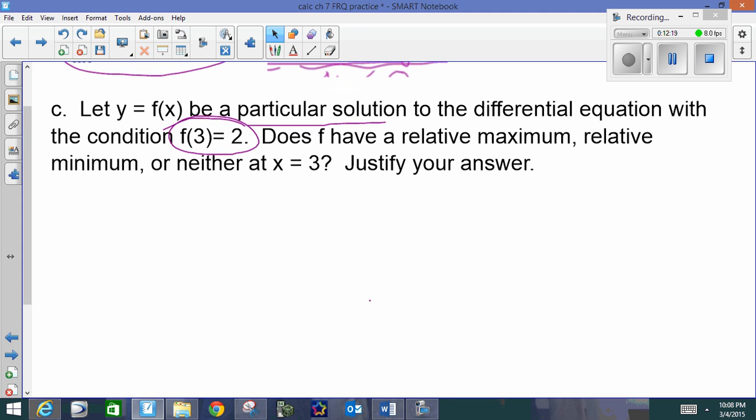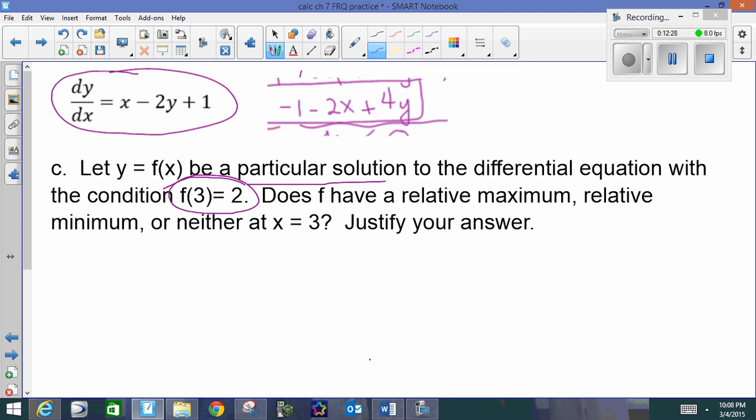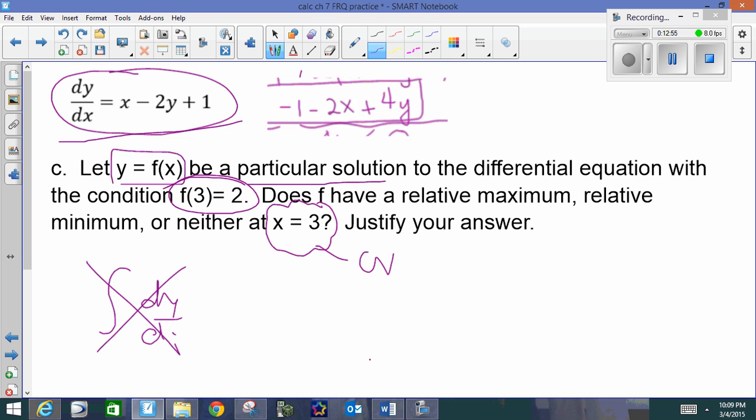And remember we had a first derivative test where we had to do the interval testing. Okay, that would require a critical value. They're basically telling us this is the critical value. So we don't know the f of x, and that would require solving it, and we really haven't done that much, so I'm trying to get away with not doing that.